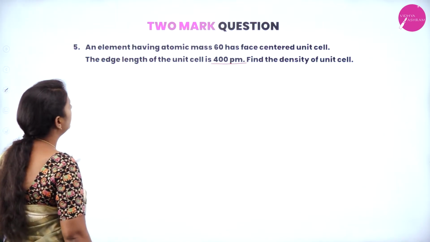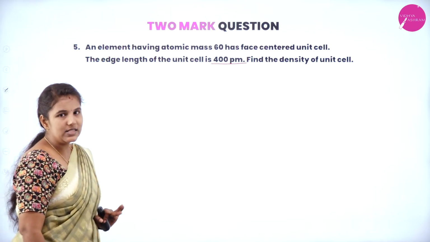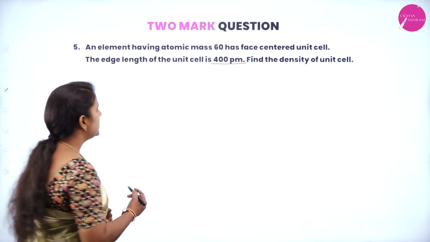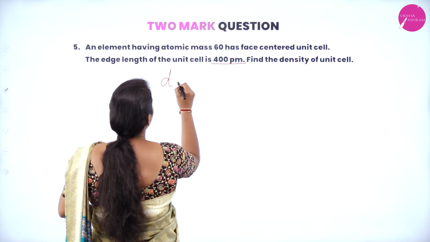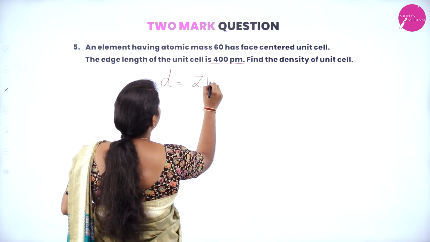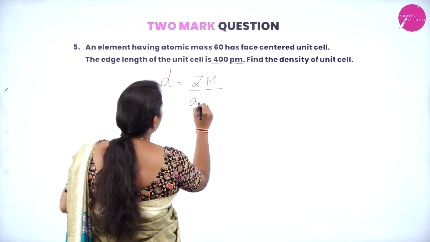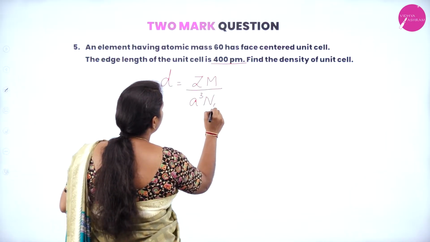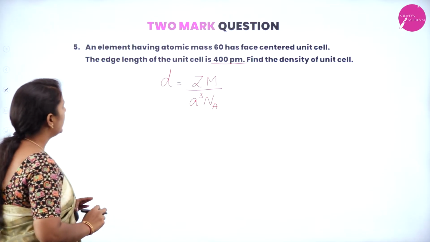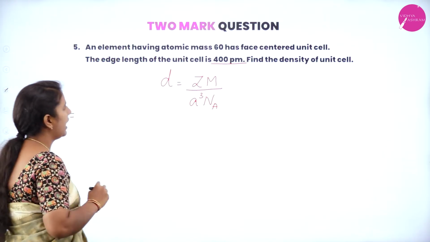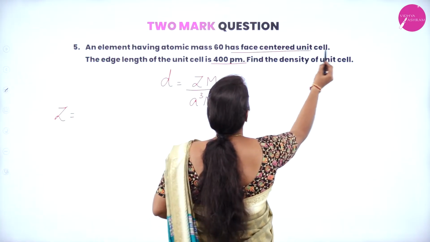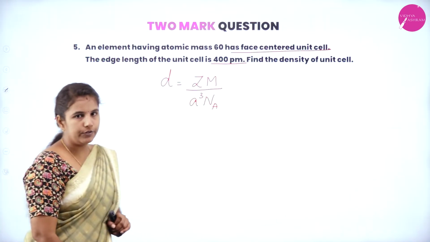Again, here you need to calculate what? Density of the unit cell. First, write the formula for calculating the density, that is D is equal to Z into M divided by A cube into Na. Okay. So, here they have not given the Z value, but they have indicated that it is a face-centered cubic unit cell.